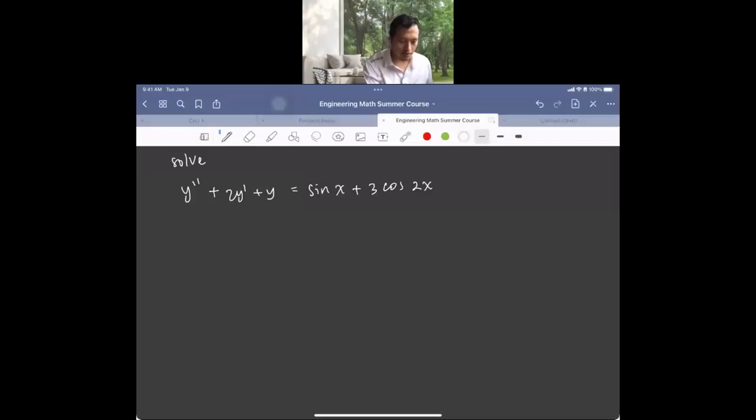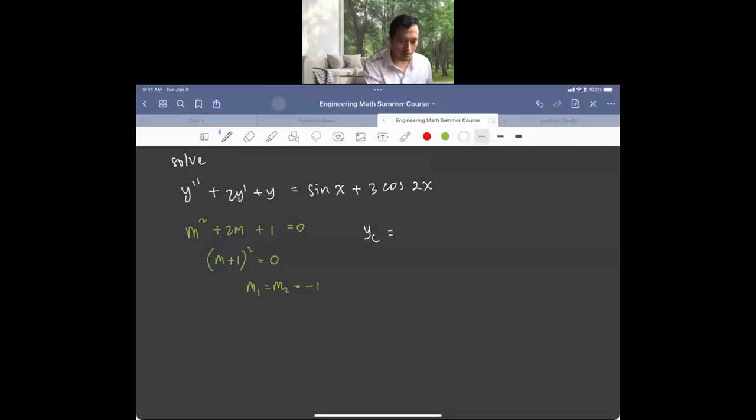So again, we look at this equation, and before we try to find a particular solution, always start with the auxiliary equation. So we take m squared plus 2m plus 1 equals 0. This factors, so m1 equals m2 equals negative 1.